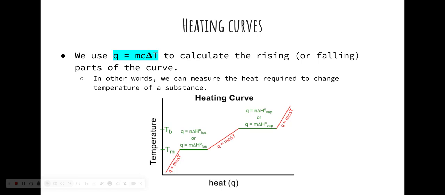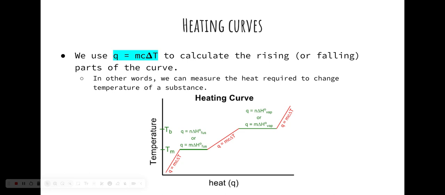Okay, so we're going to go into greater depth into heating curves in the next video, but to introduce it, whenever we want to talk about the rising parts of a curve, or in the future the falling parts of curves as well, in other words, whenever the substance is just gaining temperature over time, we can calculate the amount of heat required to do that by using our equation here, Q equals MC delta T. Again, we're going to talk about this in greater depth in the next video, so I'm not going to harp on it.